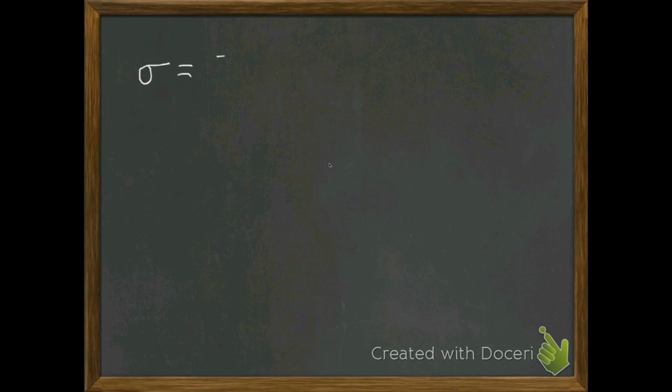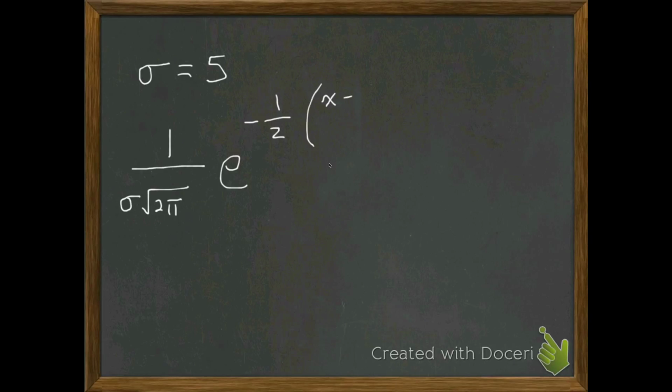So again, we've got an assumption that the distribution has a standard deviation equal to 5. So guys, we all remember the probability density function of the normal distribution. If you don't remember this, you need to. Is this.